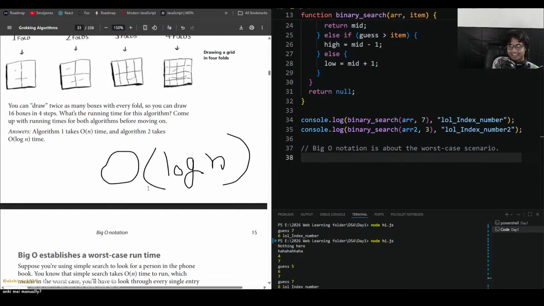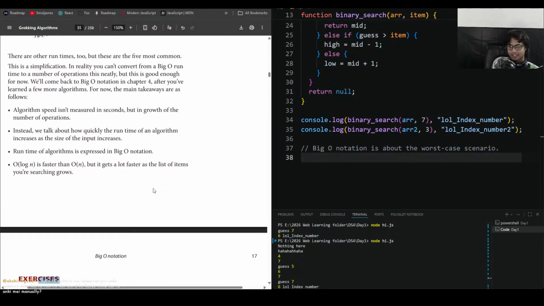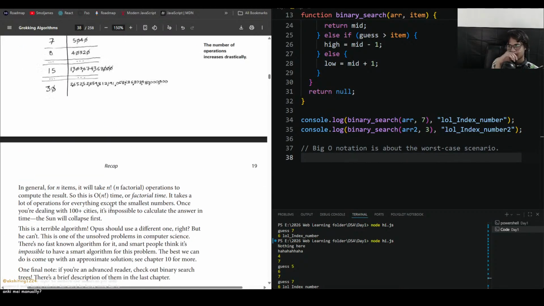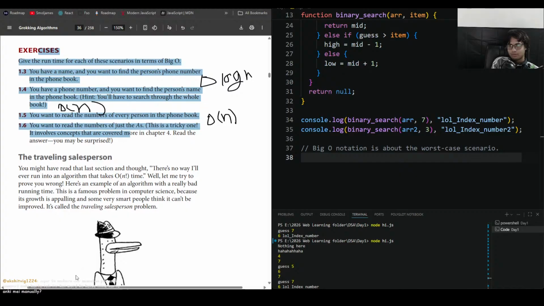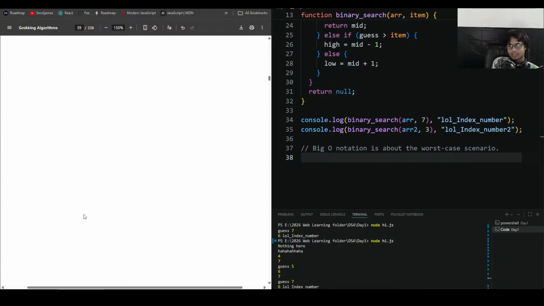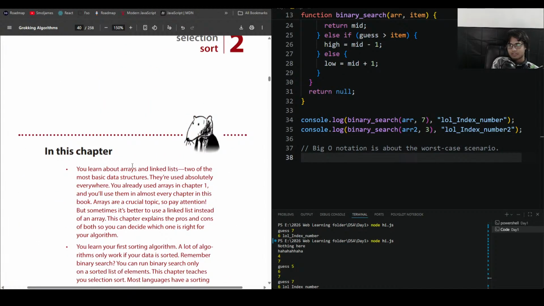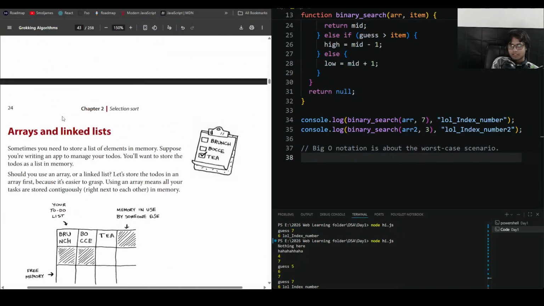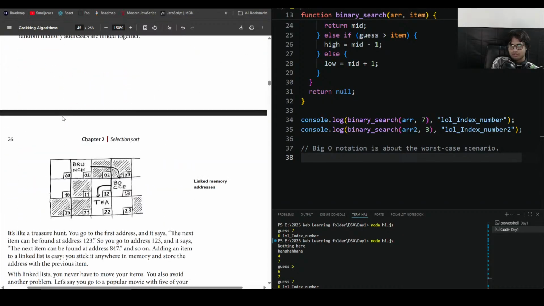I'm reading it very slowly. It's over and now the DSA starts. I mean there is one more traveling person thing and then DSA starts from here, arrays and all that. But today is fine. Okay, feel a little more.